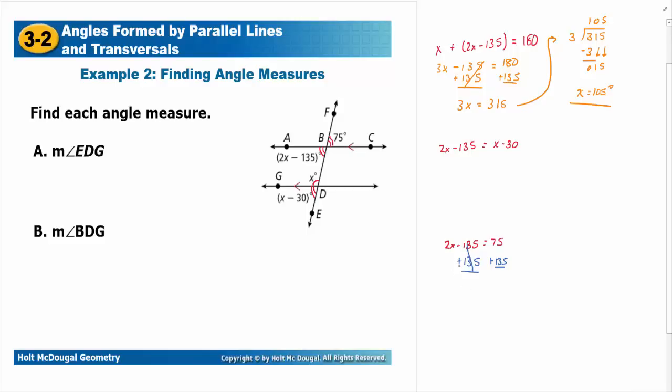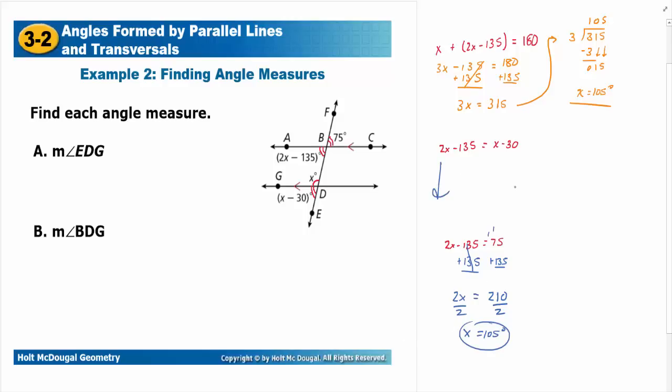Anyway, I add 75 and 135, and I get 2x equals 210. Okay, divide by 2, and x equals 105.